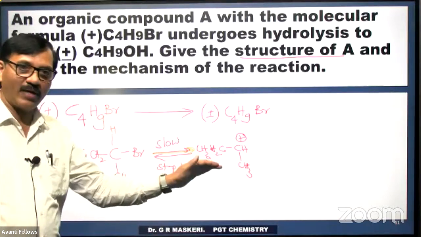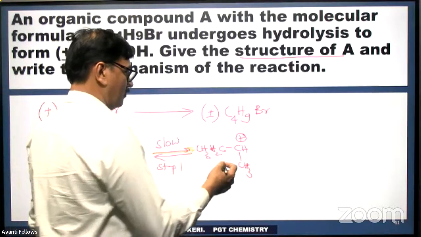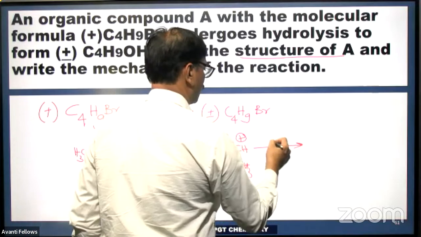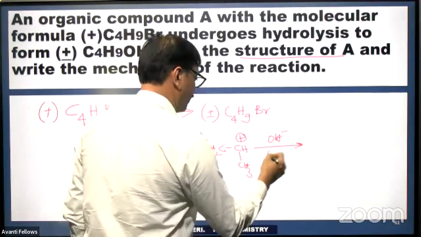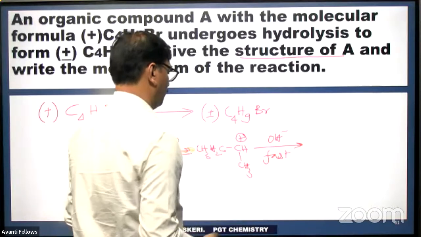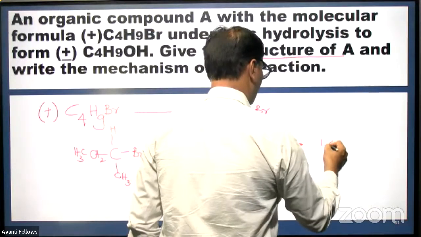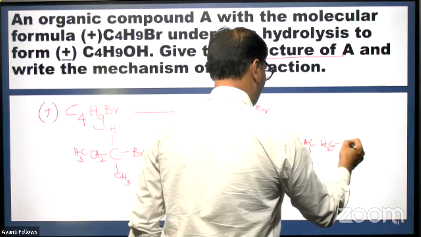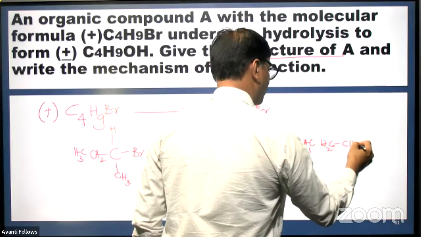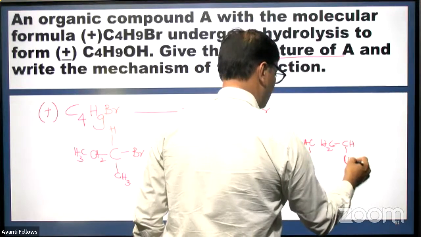So this forms a carbocation, and then with OH minus ion, this is the fast step, which gives inversion in configuration and retention, both. You may write it in a 3-dimensional way, or you may write it without that also.